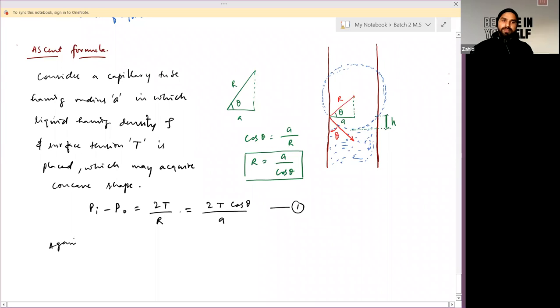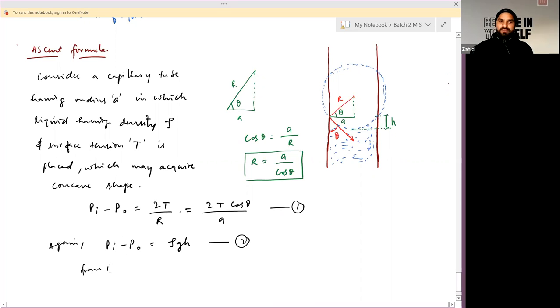Again, due to change in level of liquid, there will be a pressure called gauge pressure. So Pi minus P naught will be equal to rho gh. This is equation 2.